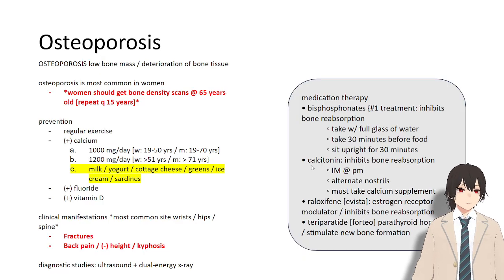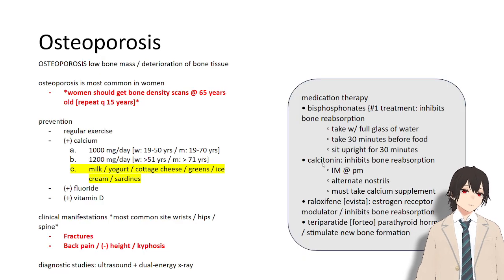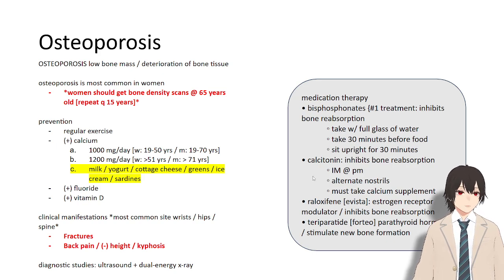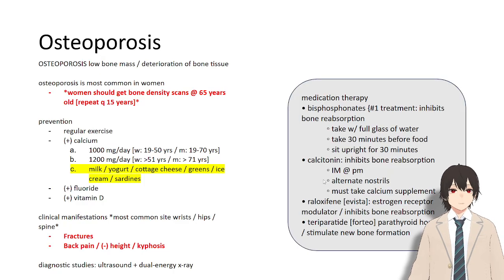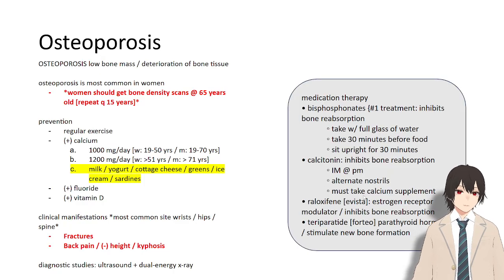Calcitonin, or as we refer to it, calci-bone-in, because it inhibits bone resorption. It is given through an inhaler, so you want to alternate nostrils, and you must take a calcium supplement. And here are some other medications, like Evista. This one is an estrogen receptor modulator, which is partially the reason why women tend to get osteoporosis more, because of how estrogen plays a role in bone deterioration.